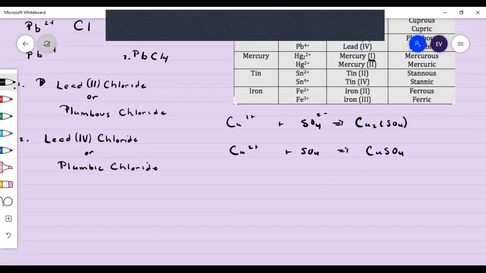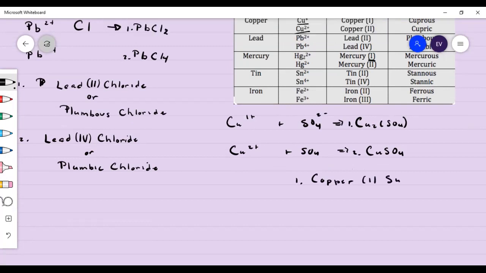What would you call these guys? Let's call this guy number 1 and number 2. Number 1 would be called copper 1 sulfate, okay? Or cuprous sulfate.